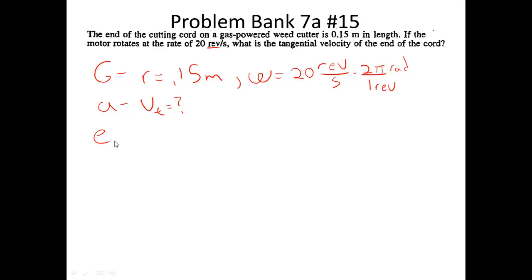Our equation we'll use is v sub t is equal to our radius times omega, or angular velocity. Substitute everything in. We have v sub t is equal to 0.15 meters times 20 times 2 pi.